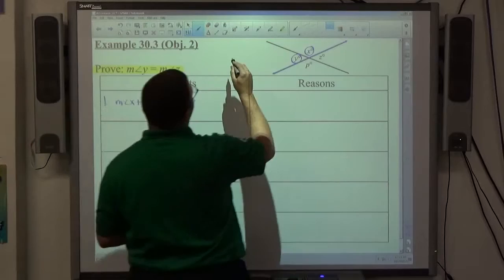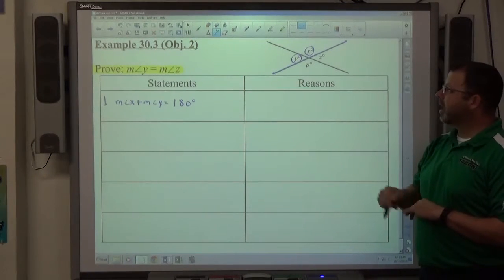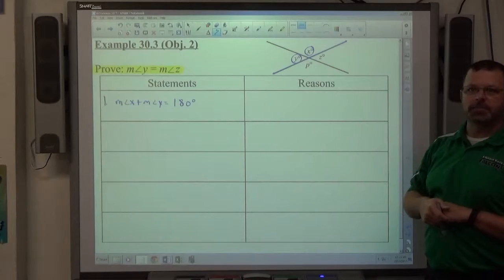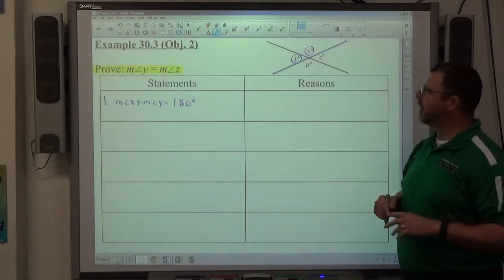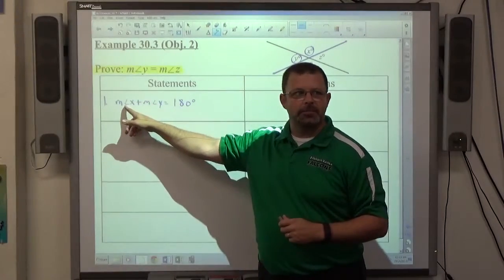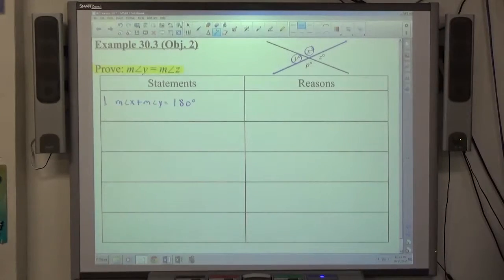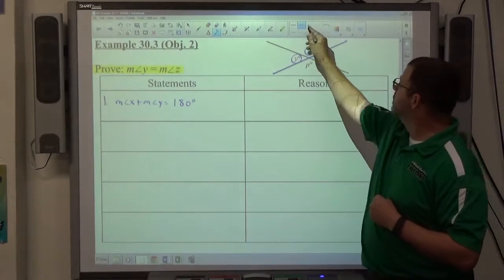What would we think on that one? I could say p and z add up to 180 also, right? But that's not good because y is what I want, x is what I have. So I want to create another equation with x and z hopefully together. x and z. Very good.